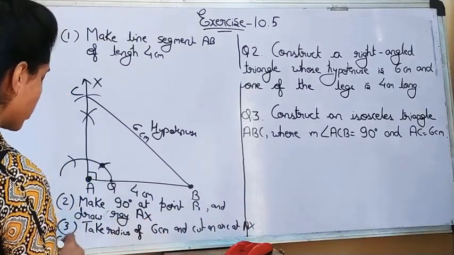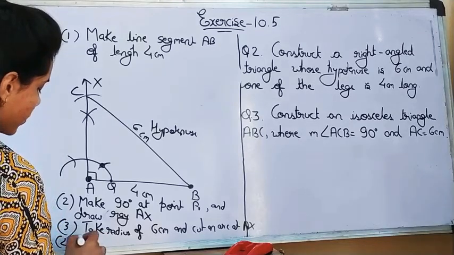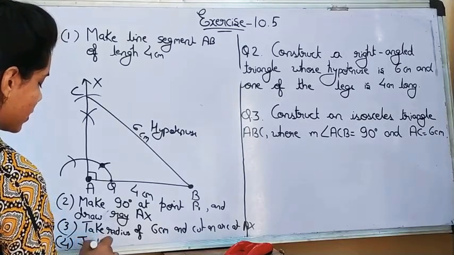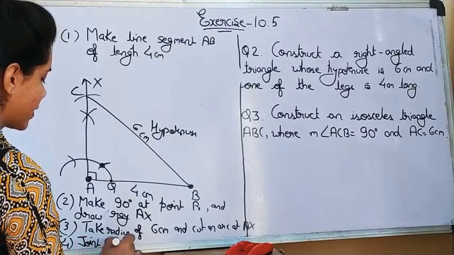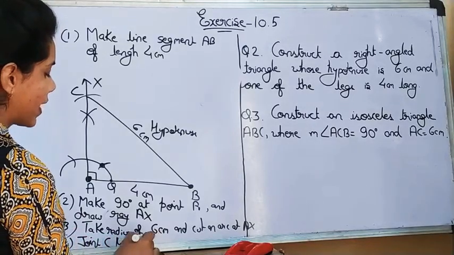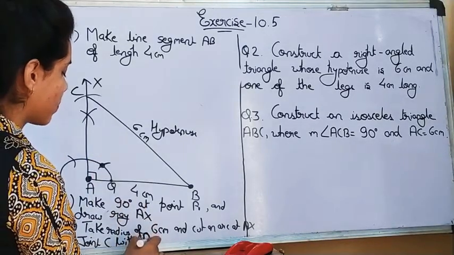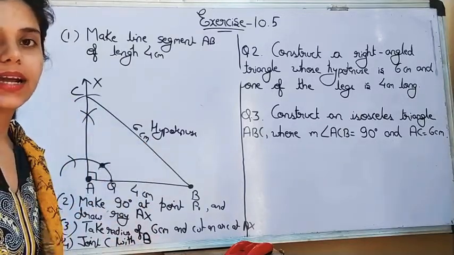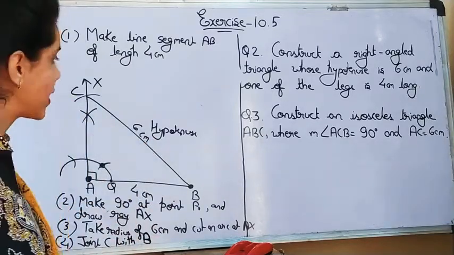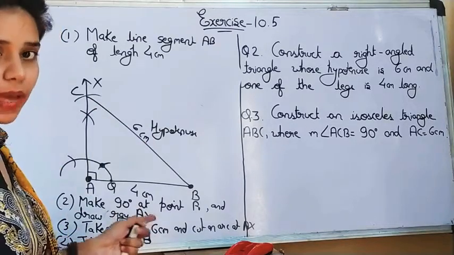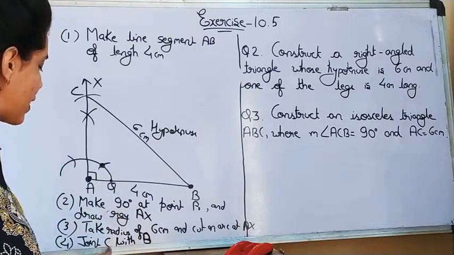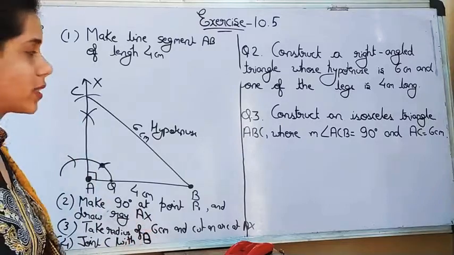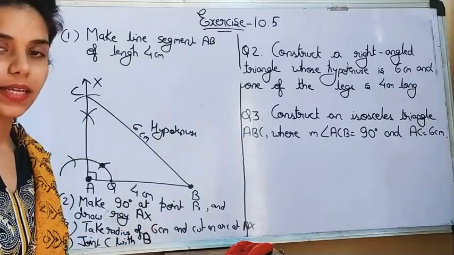Now in the fourth step you can write: join C with A and C with B, so you will get the required right angle triangle ABC. In this way you can write the steps by yourself. I roughly wrote the steps, you write them sequentially.